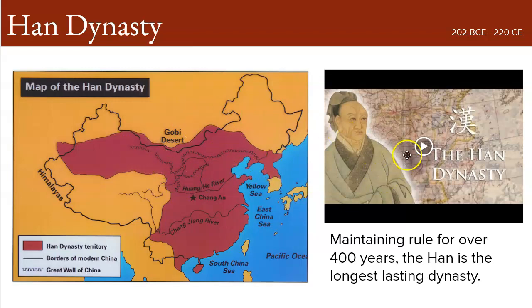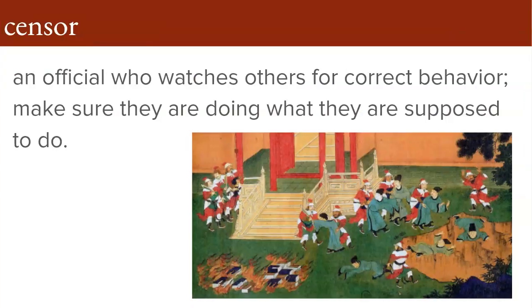If you would like, you can watch this short informational video about the Han dynasty, which will make reading about it a little easier. And next we're going to go over some vocabulary, which will also strengthen your comprehension of the reading.